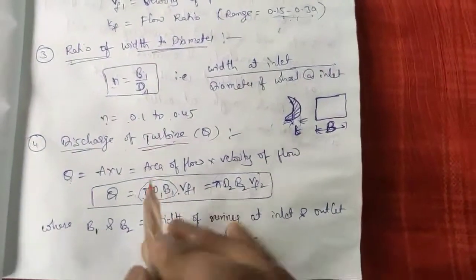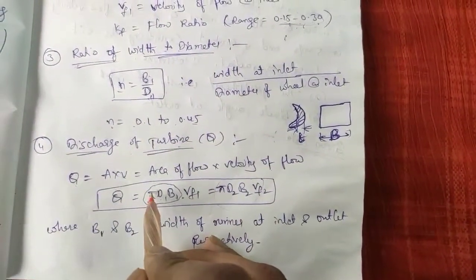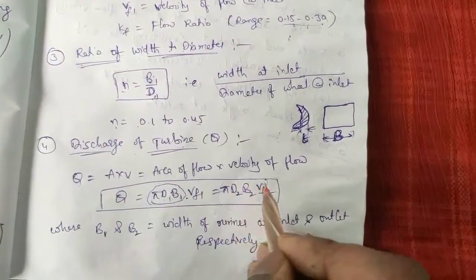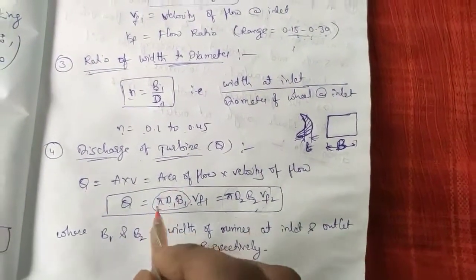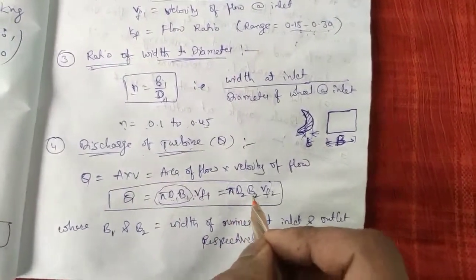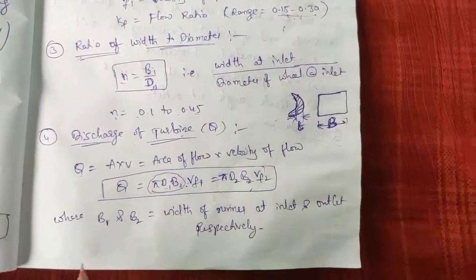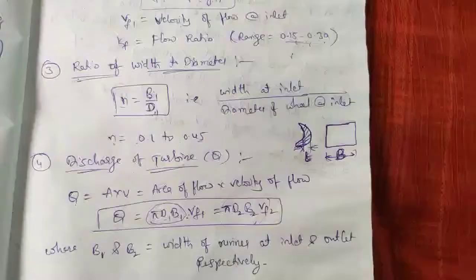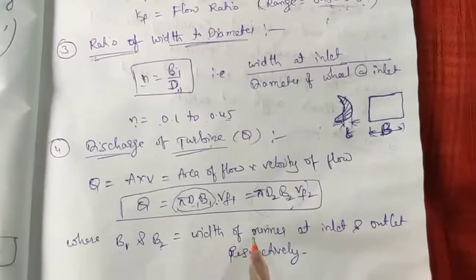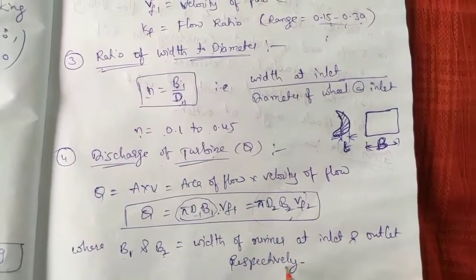Am I right? Whatever water is given at inlet should be equal at the outlet. So Q equal to pi d1 b1 VF1 equal to pi d2 b2 VF2. And b1 and b2 are width of runner at inlet and outlet respectively.